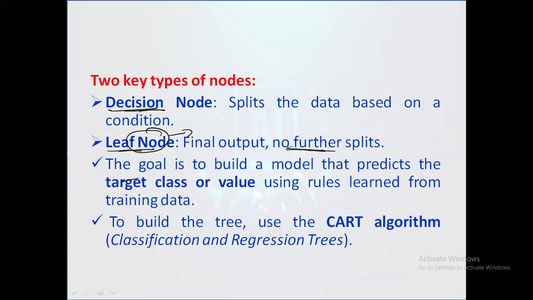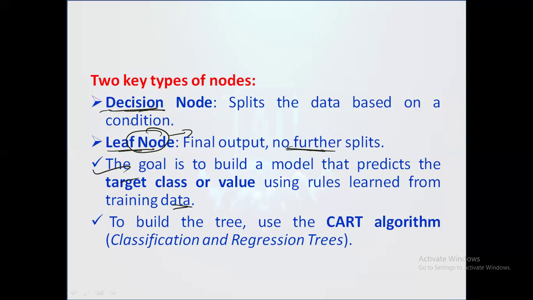Another thing we should learn here is that the goal is to build a model that predicts the target classes or values using the rules learned from the training data. How is it done? The primary objective of building a decision tree is to develop a model that can generalize from training data and accurately predict the target variables for new unseen data.